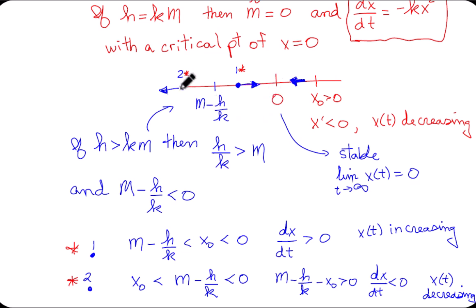And if I pick something less than that, then this will be decreasing. And so, depending upon how this works out, 0 is stable, and as time goes to infinity, we are fished out, and the population of fish will decrease to 0.